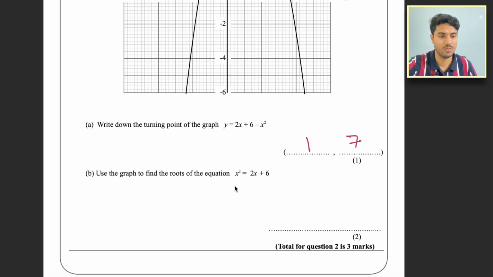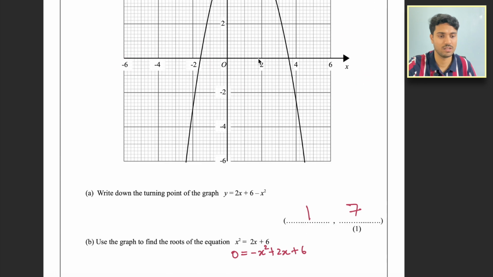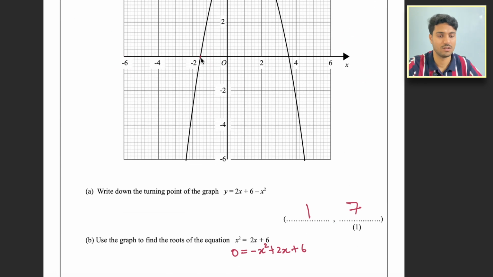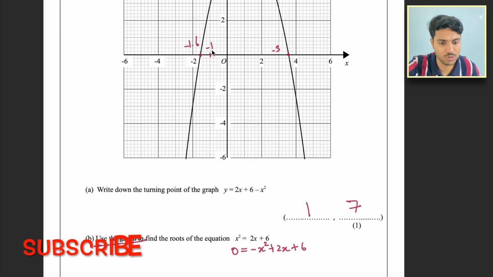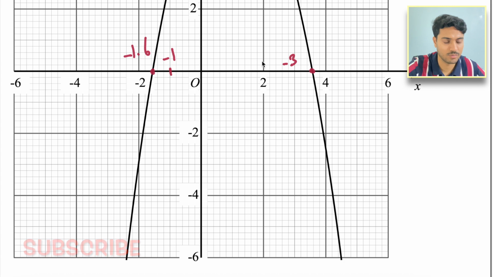So 1 comma 7. It says use the graph to find the roots of the equation x square is equal to 2x plus 6. We can also write it as 0 is equal to minus x square plus 2x plus 6, which is the same equation. So the solution is this and this. It says use your graph, so we'll check the value from the graph itself.